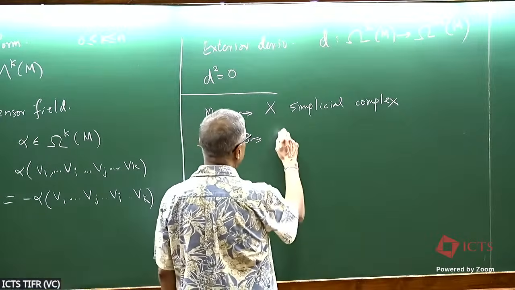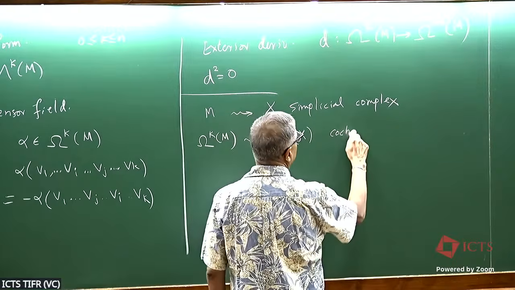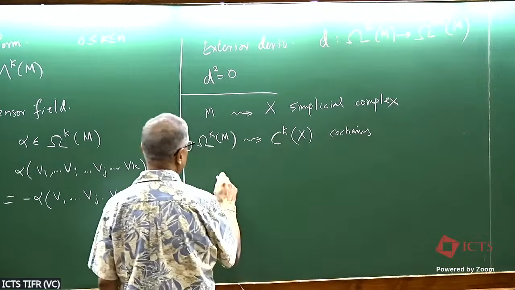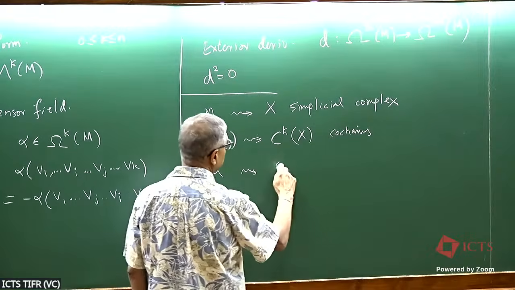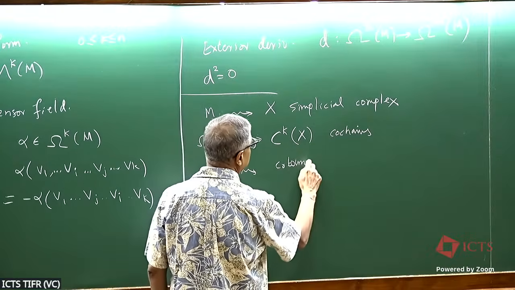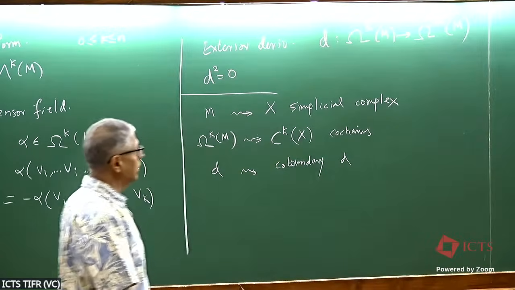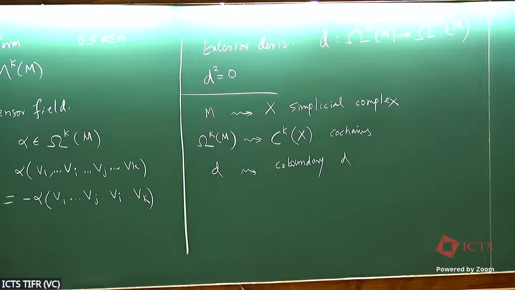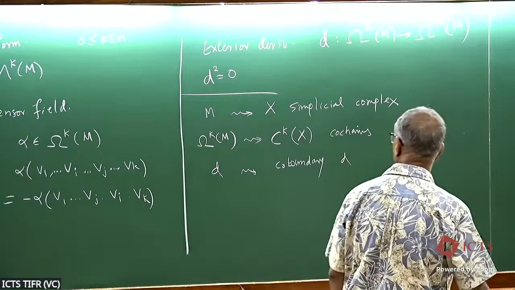So forms will be replaced by what are called cochains, and d will be replaced by the coboundary, which I will also do, but we'll just use the same symbol because we don't work with the smooth stuff. We like to use the smooth symbols for our discrete world.